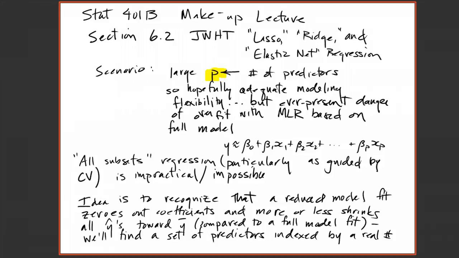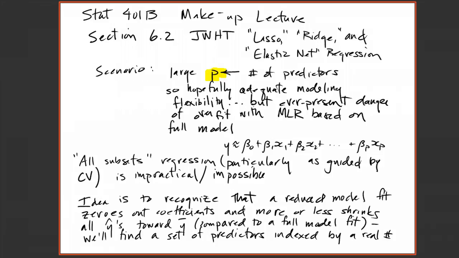one is then faced with the problem that in p dimensions, data cases, that is, in particular instances of x1, x2, up through xp and y, are of necessarily sparse.